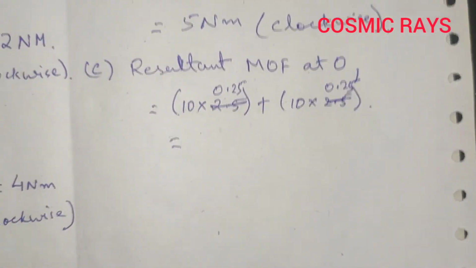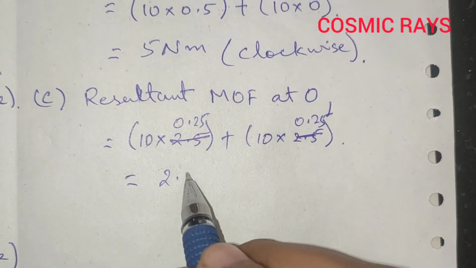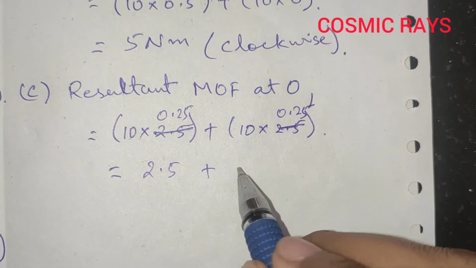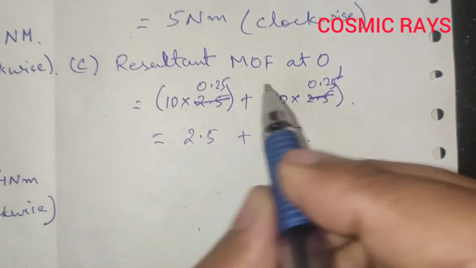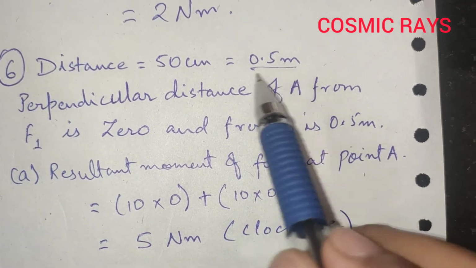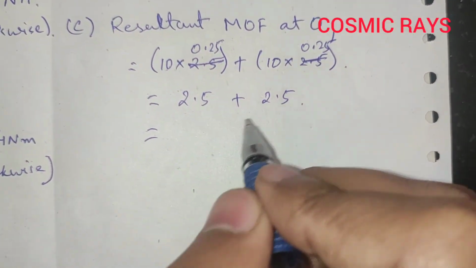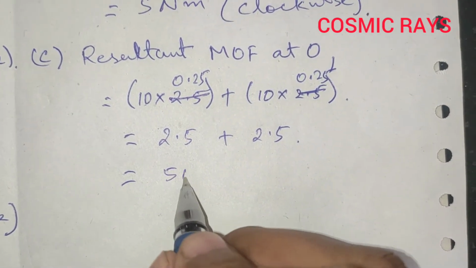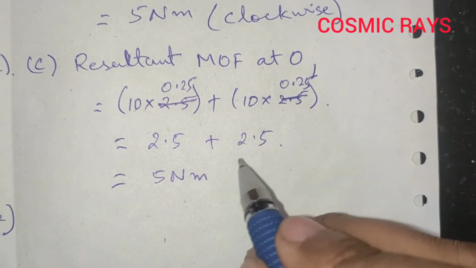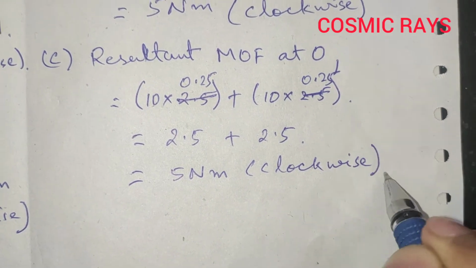Yes, my mistake. Now when you multiply it with 10, you will get 2.5 plus 2.5. This 0.25 is half of this distance, that is 0.5. So 2.5 plus 2.5 is 5 Newton meter and it is going to be clockwise.